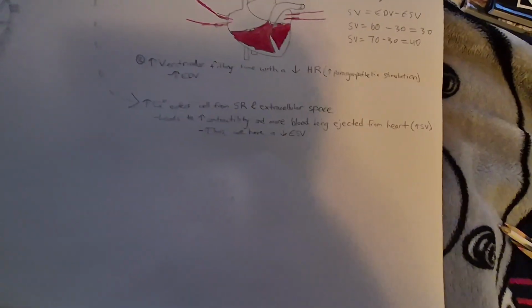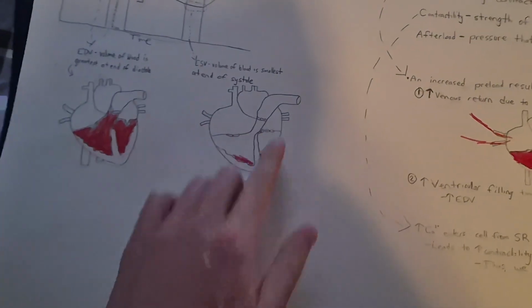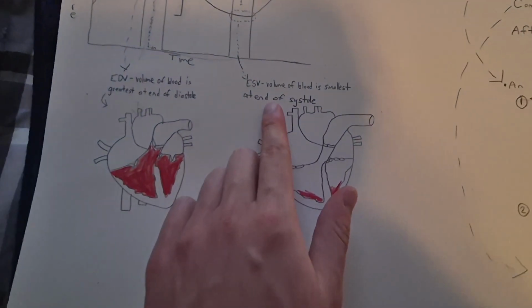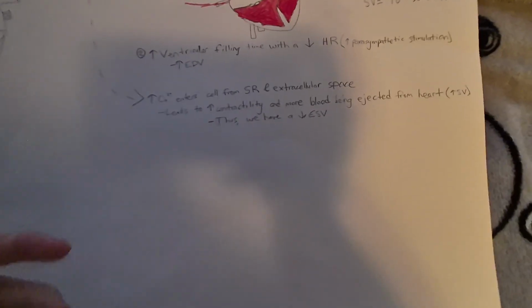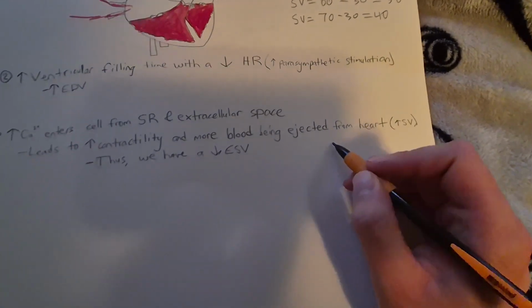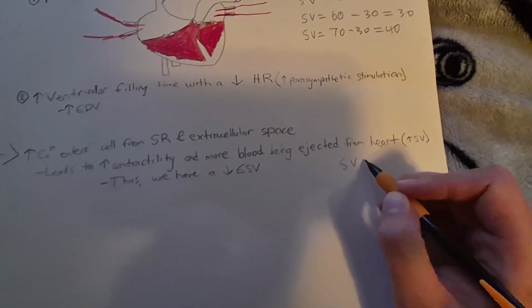Because when contractility is stronger, we're able to eject more blood from the ventricles out, which is going to lower the amount of blood left in the ventricles at the end of systole, which increases the stroke volume.